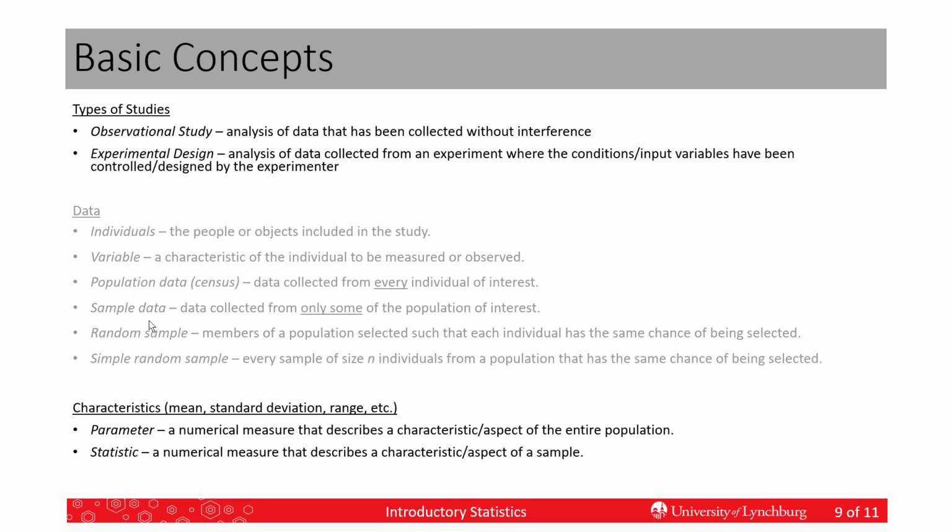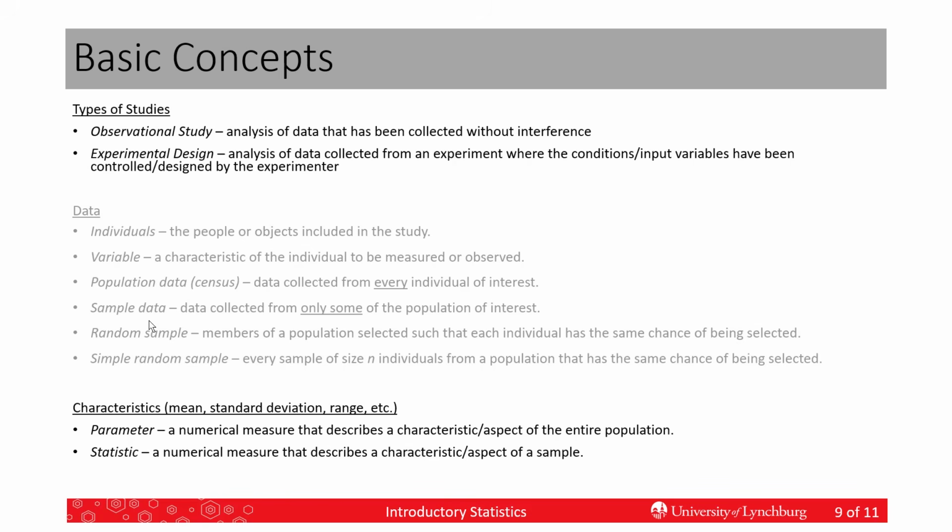Now, when we want to measure something about a population and determine something, we may be interested in, say, the mean lengths of fireflies. And so a mean is the same as an average. And if I'm interested in this population and I want to know what the mean of some value of the population is, that's a parameter.